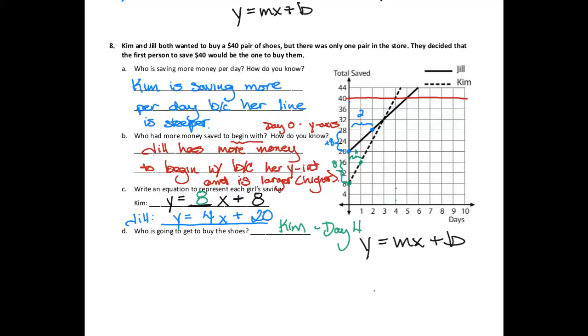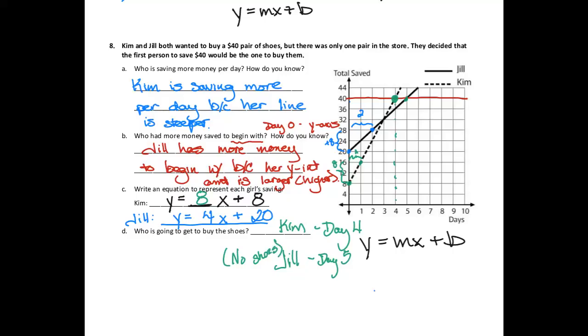Day 4. Here's where she reached 40, and what's her name? Jill. She doesn't win the shoes. She actually reached $40 right here on day 6. No, day 5. Sorry, but no shoes for Jill.